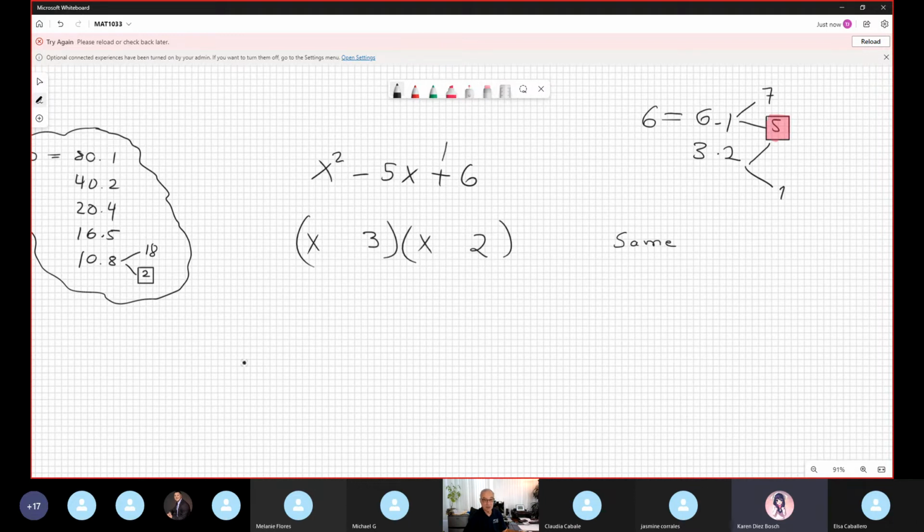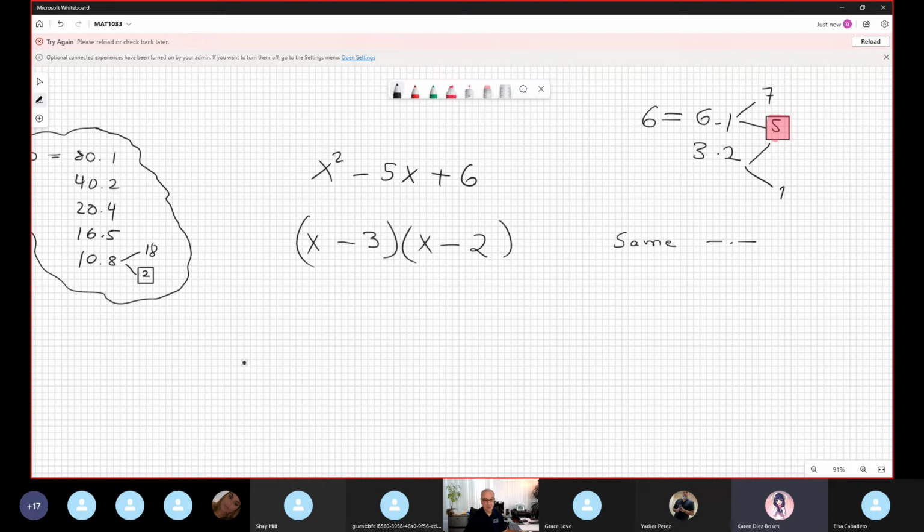Because this sign is positive, correct? And it is negative because this sign is negative. And if this sign is positive, it's plus plus. But no, not plus. So how do you obtain this negative? They're both negative.